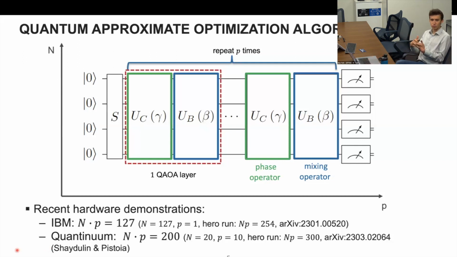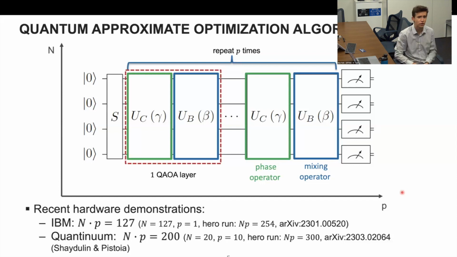Some of the recent hardware demonstrations: one is from the Los Alamos group, where they show n equals 127 and p equals 1. And in some cases, they do n times p equals 254. Here by p, I mean how many layers you can do where adding extra layers still gives you better performance. Because of course you can have an arbitrary number of them, which is going to get you to the maximally mixed state in the end. And so they get only p equals 1 on hardware, on IBM, reliably.